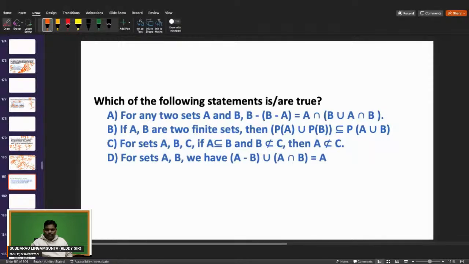Can you try? What is the answer of this? Everyone try.